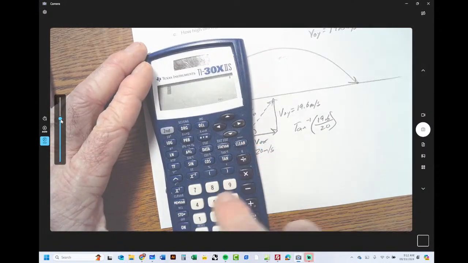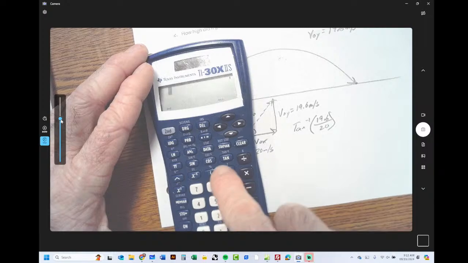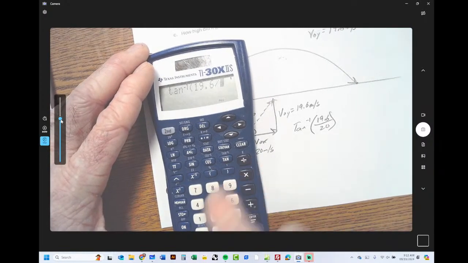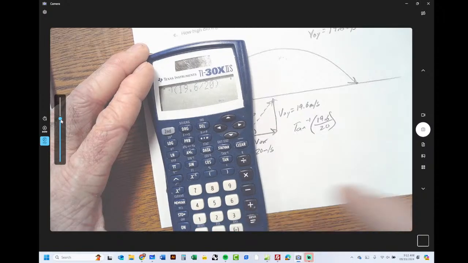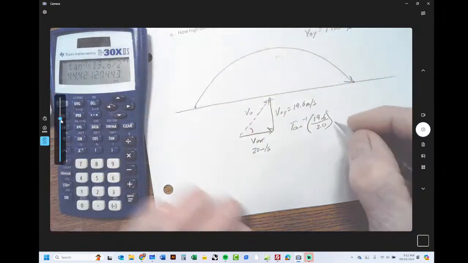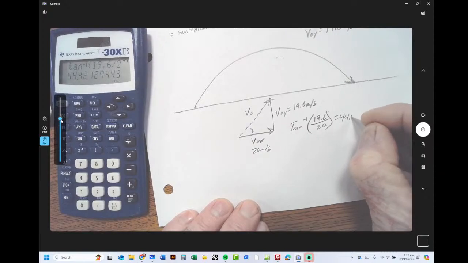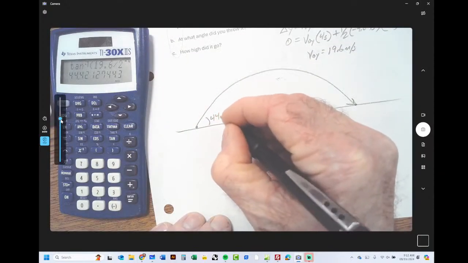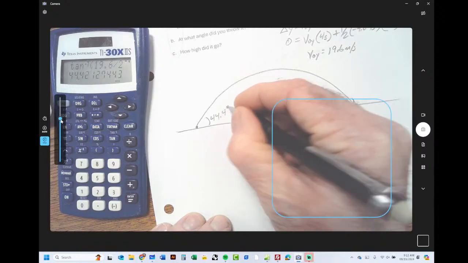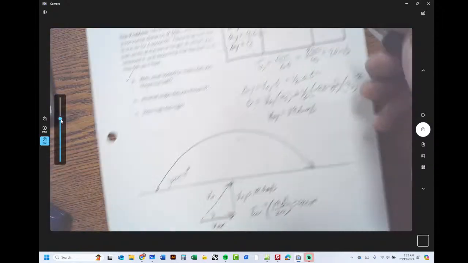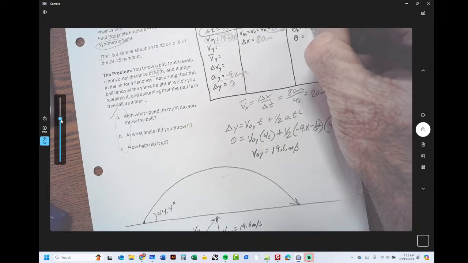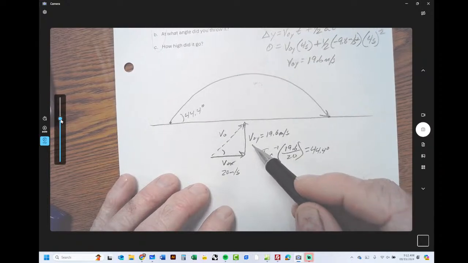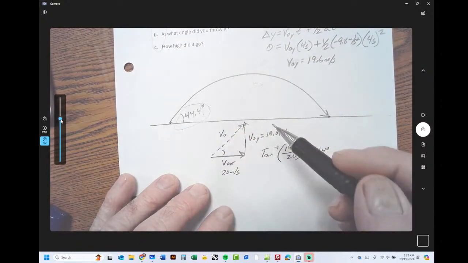Let's see, how do I do it on here? Second tangent, 19.6 divided by 20. 44.4. So this angle right here is 44.4 degrees, and that would be theta 0. Guess what else? If we know this, what else do we know?